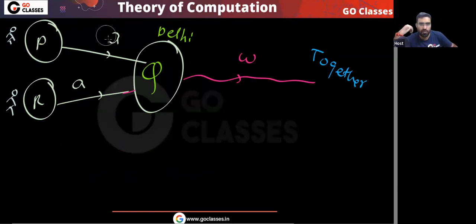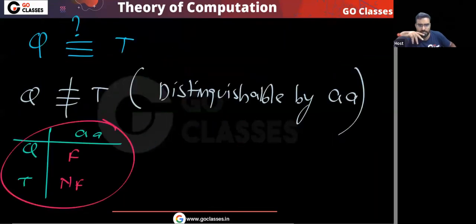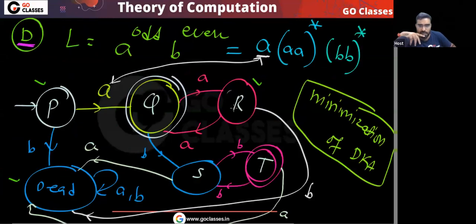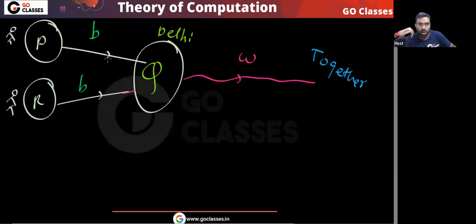What about symbol B? Tell me, what about symbol B? P comma R on symbol B. This state P, this state R on symbol B, they are going to the dead state. Again, they are meeting in the dead state. On symbol B, they are going to jail. Now, whatever comes, they will be together.